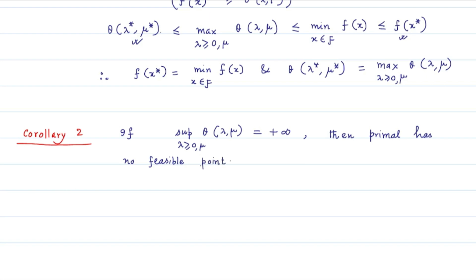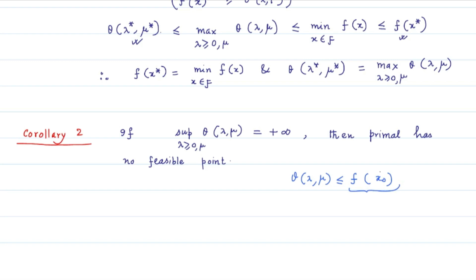Because if the primal has a feasible point, let's suppose x naught is a feasible point to the primal, then for any feasible point to the dual, we have theta lambda mu is less than or equal to f x naught. Whatever lambda mu you choose, the value cannot exceed this upper bound f x naught.